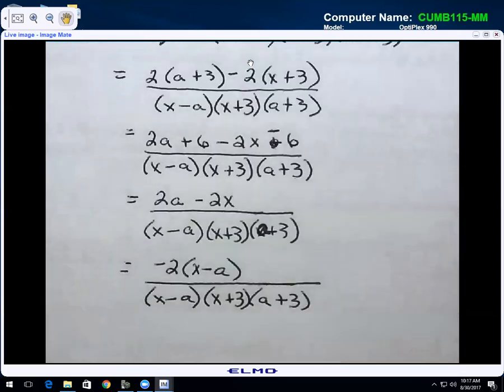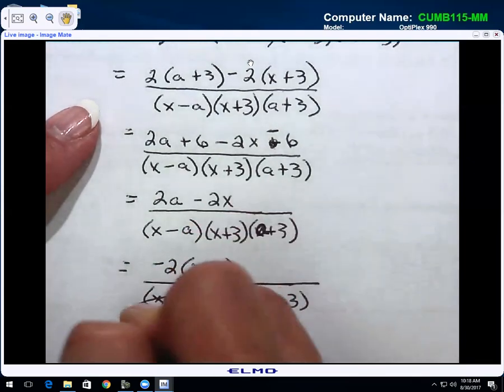And if you need to convince yourself that that's equivalent to the line above it, just redistribute that negative 2, and sure enough, you get a negative 2x and a positive 2a. And then does the x minus a cancel out? Yes, absolutely.